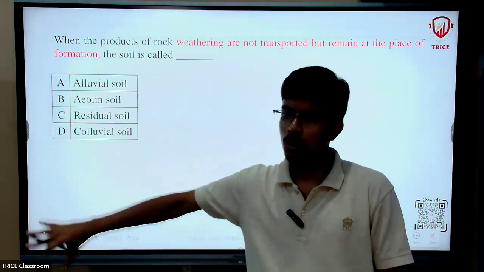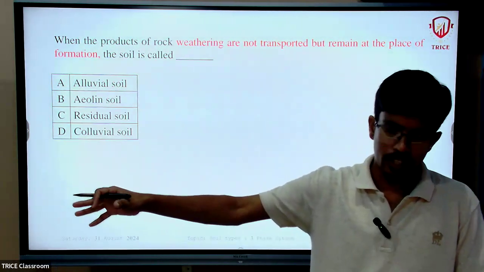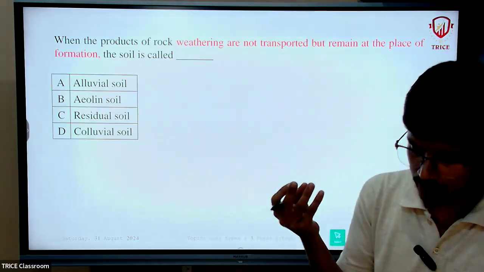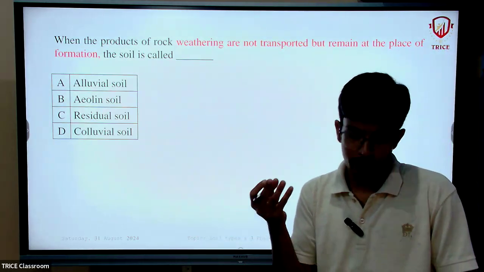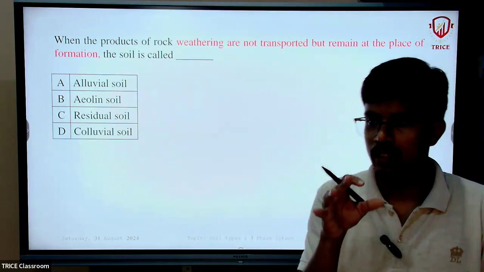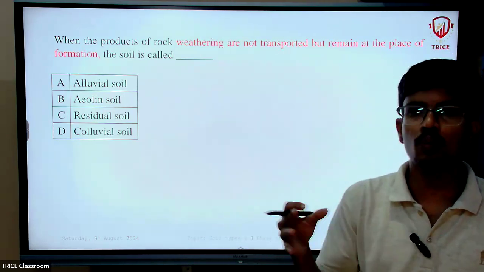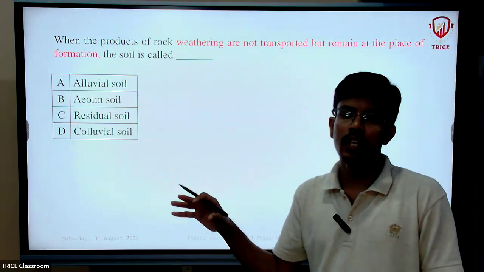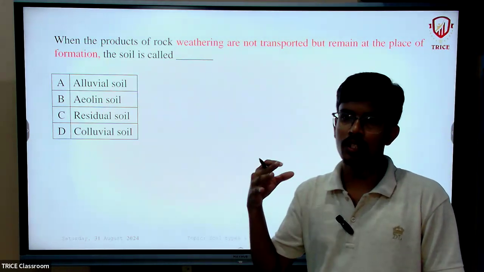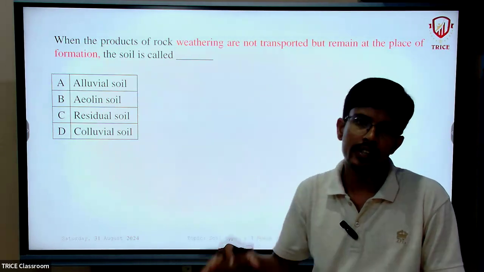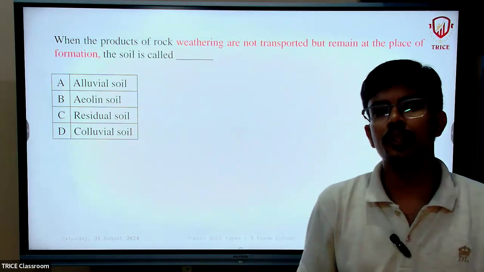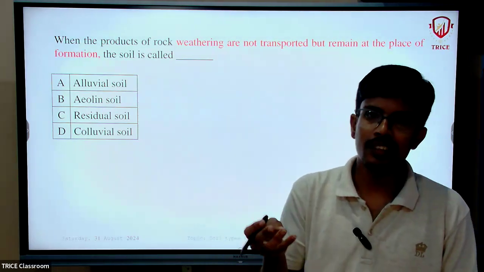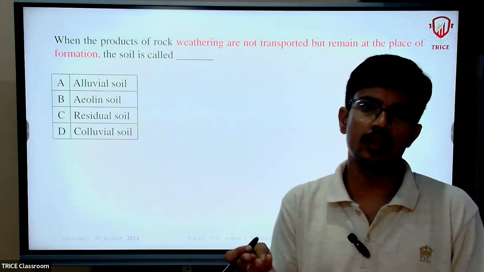If it moves towards another place due to transporting agents in the form of water, air, gravity, lake, running water, or stagnant water, then it is transported. If the soil particles remain in the place of their origin, we call them residual soils, for example gravel, sand, silt and clay soils.